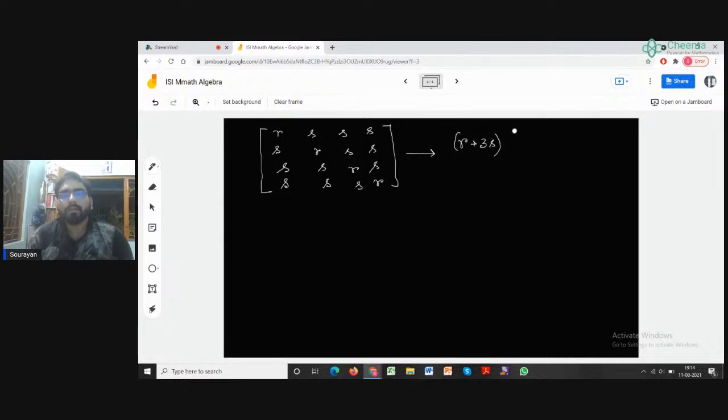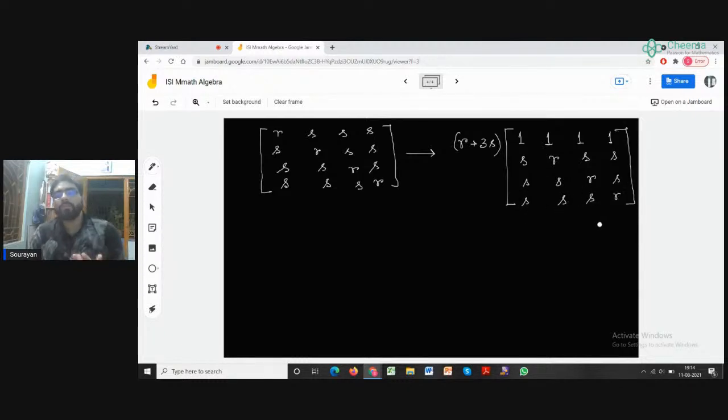And the moment you have this, you have the matrix as 1, 1, 1, 1, and the rest of the things are the same: S, S, R, S. Now the same column operations will hold. If these are C1, C2, C3, C4, then I will take C1 minus C2, then C2 minus C3, then C3 minus C4.